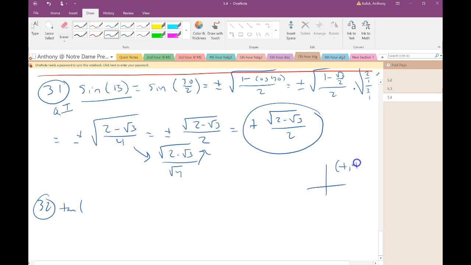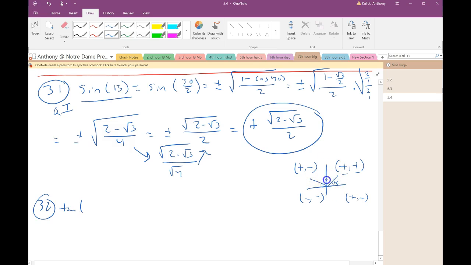So remember, for sine and cosine, it's just like x's and y's, right? So 15 is here, so both sine and cosine are positive, and as a result, tangent's also positive because it's sine over cosine.